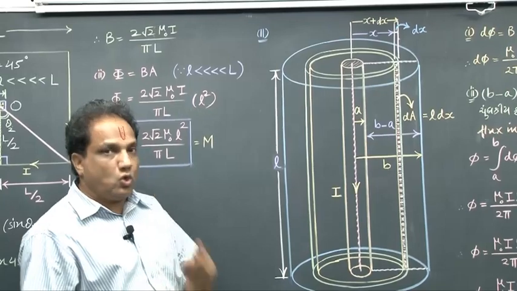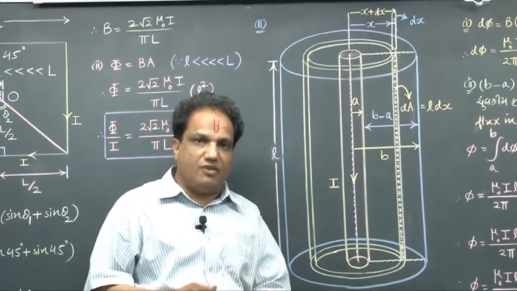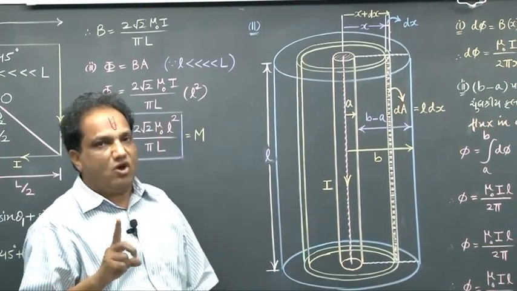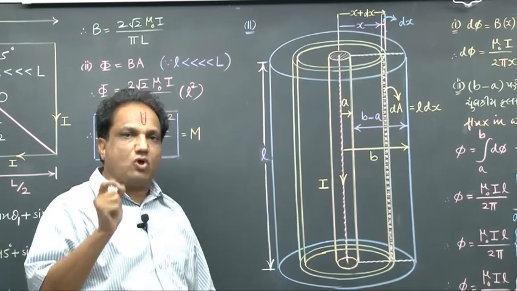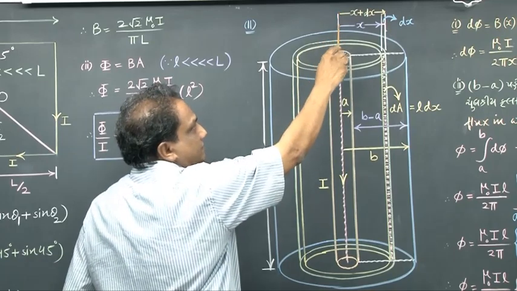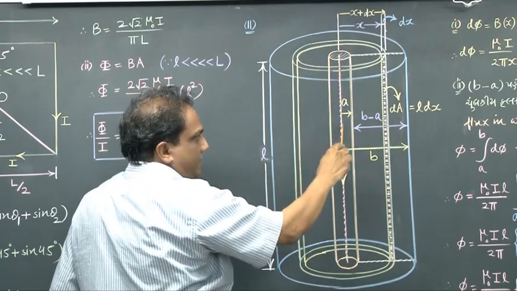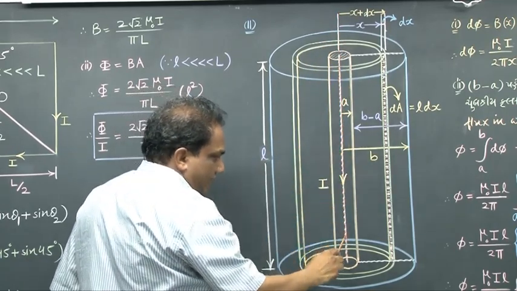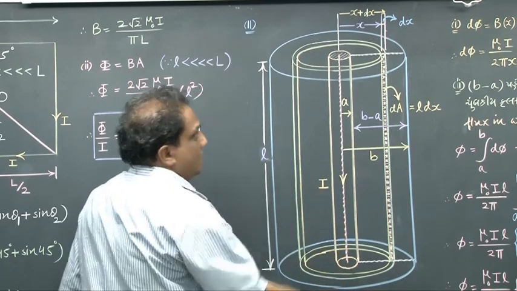We are given one coaxial cable in which there is a pair of wires which have a common axis, and that common axis is this, correct? Lying at the center, this is the central common axis.